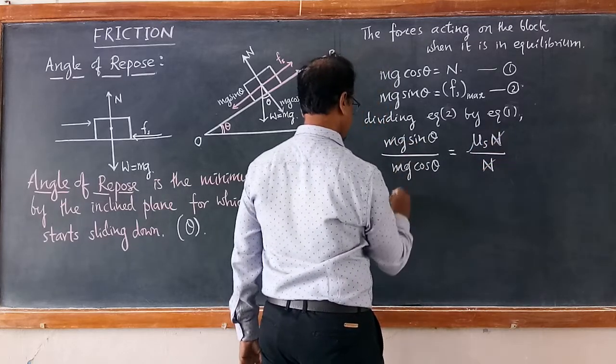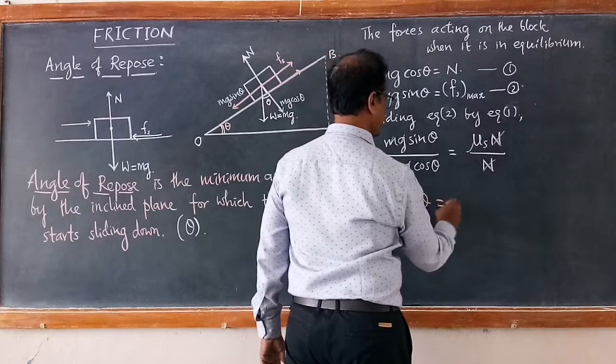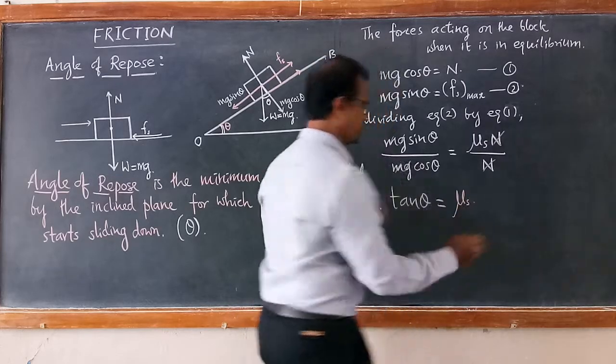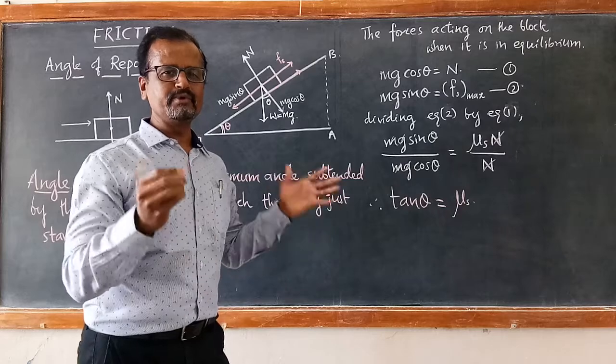Therefore sin theta by cos theta becomes tan theta. Tan theta is equal to mu s. Very simple.